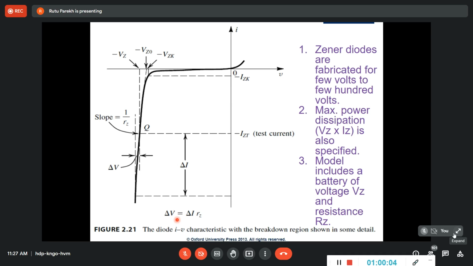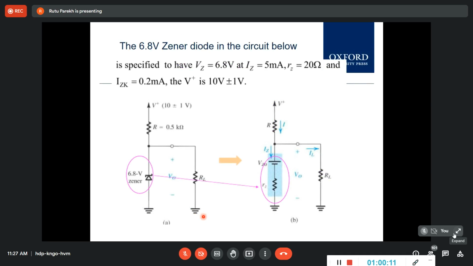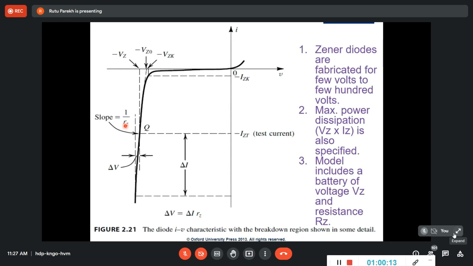So this delta I you see here is what we calculated, and RZ is given. So this is the change, delta V, from here to here. This is delta V for this change.